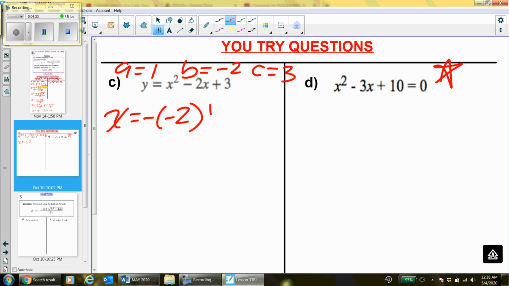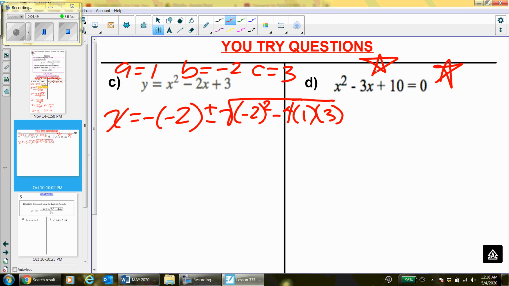Negative 2 plus or minus square root b squared minus 4ac. So again, I'm doing one of your U-try questions, and you're going to do D. All over 2 times 1.